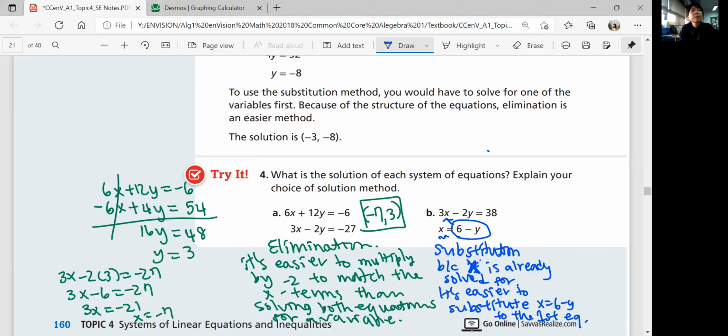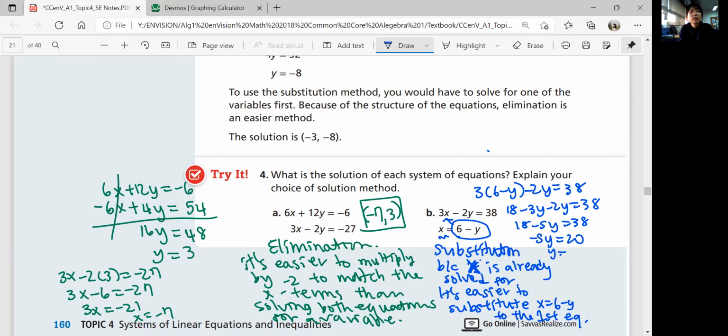Okay, so let's do that. 3 times 6 minus y minus 2y is equal to 38. And you have 18 minus 3y minus 2y is equal to 38. 18 minus 5y is equal to 38. And so -5y is equal to 38 minus 18, which is just 20.